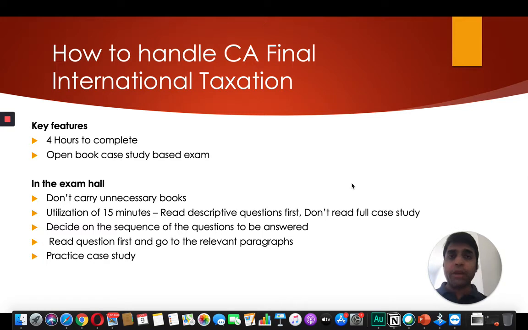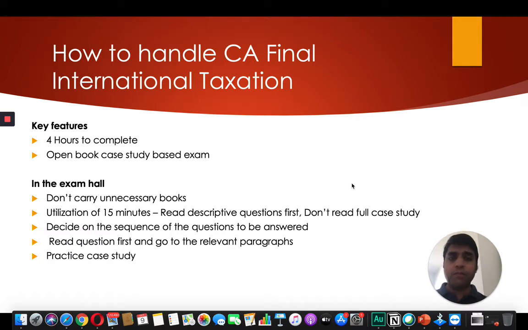And if just a week before you find some other book or some different content, I would suggest not to carry that book in the examination, because when you write this kind of examination, you should be well aware of what you are using, which paragraph and which chapter you are using while solving those case studies. So carry only those books which are relevant, which you have already studied, and which you are aware of in terms of all the chapters, topics, and paragraphs.